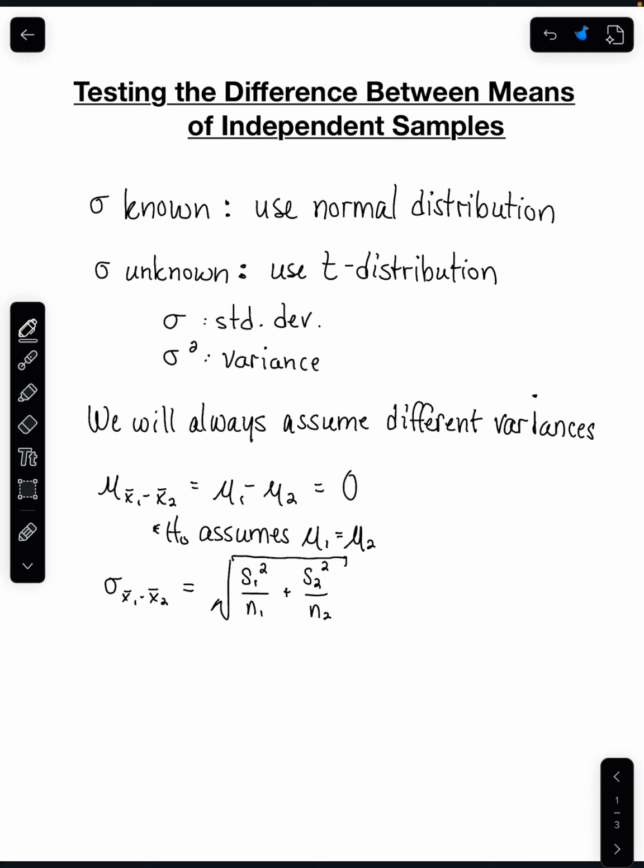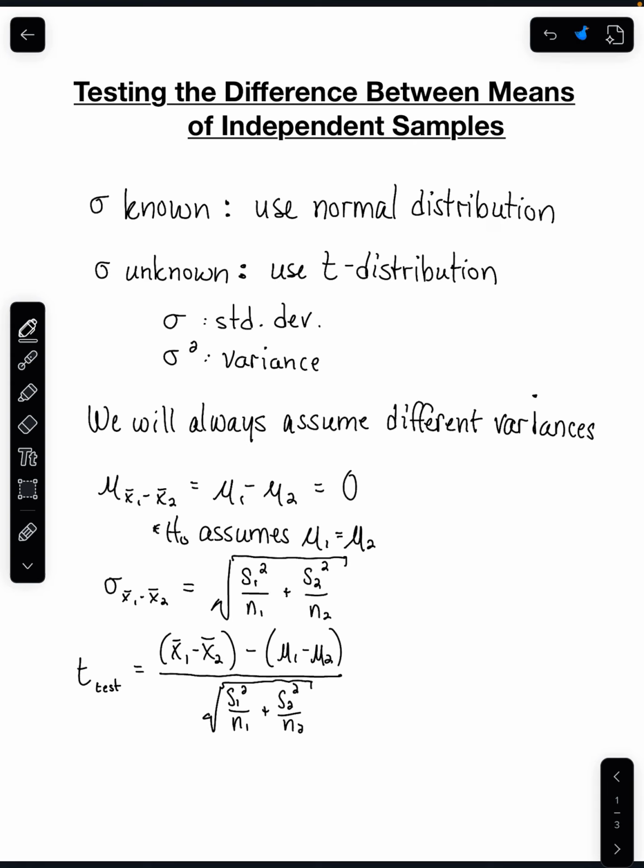This will allow us to use a formula for the test statistic, which will be equal to the difference between our sample means minus the difference between our assumed population means, which we know is going to end up being 0, over the standard error. And this is how we will calculate our test statistic.